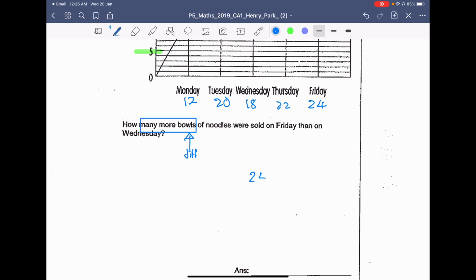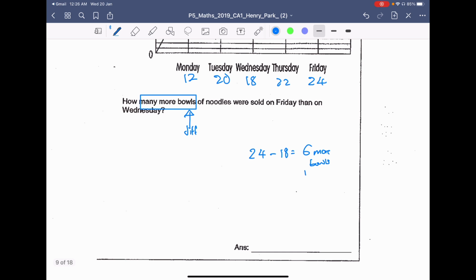So 24 minus 18 equals 6 more bowls were sold on Friday than on Wednesday.